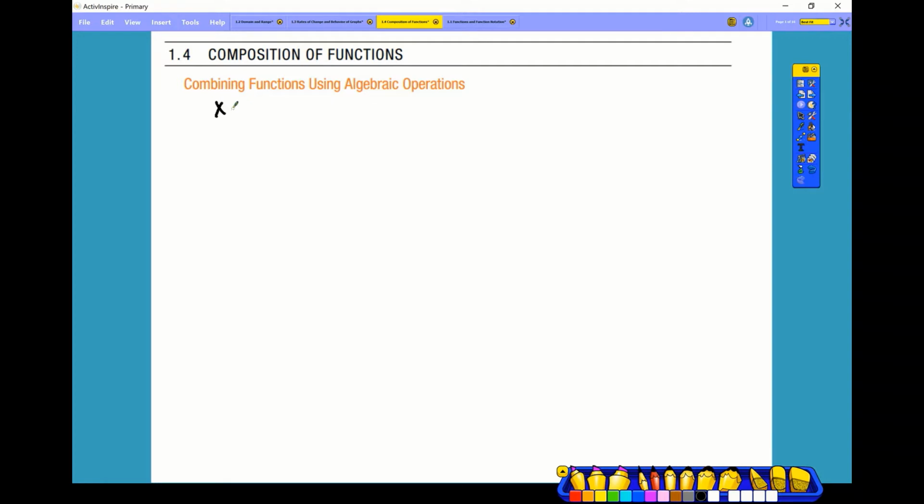So we're going to say X. Oh, Lord. That's not how you spell cat. All right. X is the cat's weight.